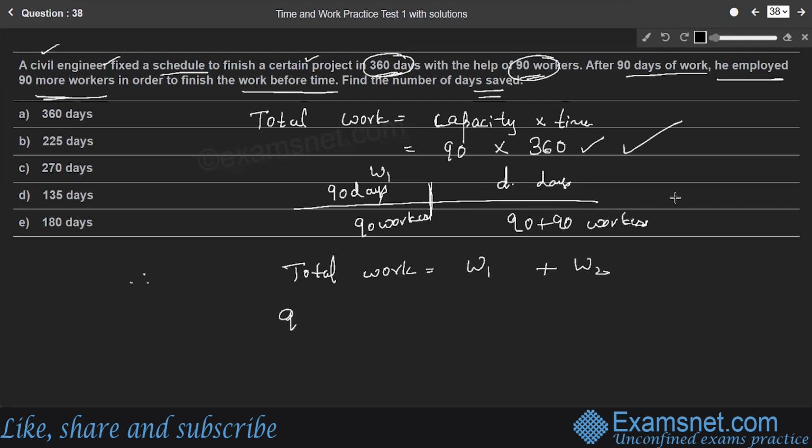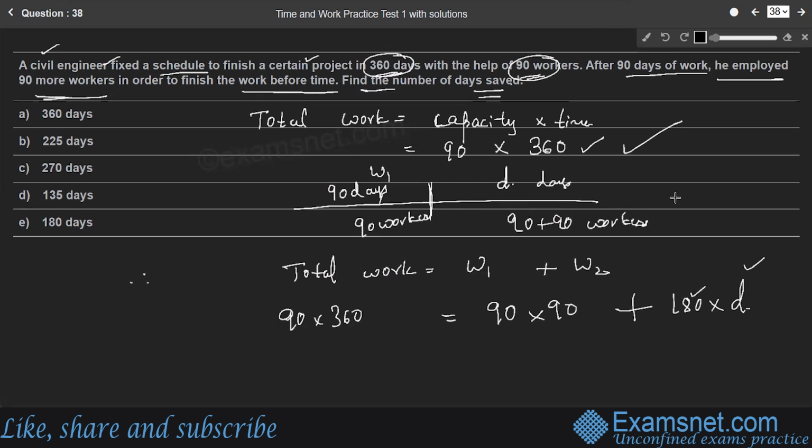Here the total work is 90 into 360, which is equal to the first part, 90 workers who worked for 90 days, capacity into time, plus in the second part 180 workers. They have to work for D number of days. We need to find this value of D, the time taken by 180 workers in the remaining part.